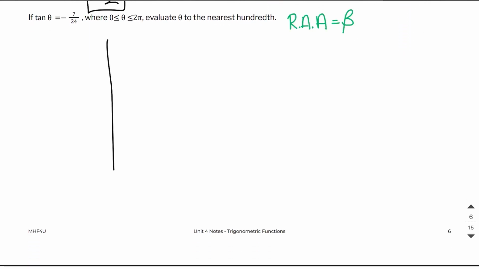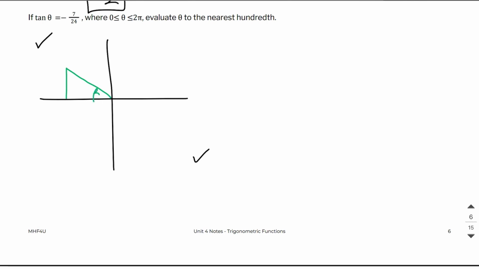Okay, in this next question, we know that tangent of theta is negative 7 over 24, so it's a negative. And we know tangent is negative in quadrants 2 and 4. So I'm going to draw a diagram of both of my triangles that I could possibly get. This says that theta is between 0 and 2 pi. So right here, we know it's going to be in quadrant 2. That's one possibility.